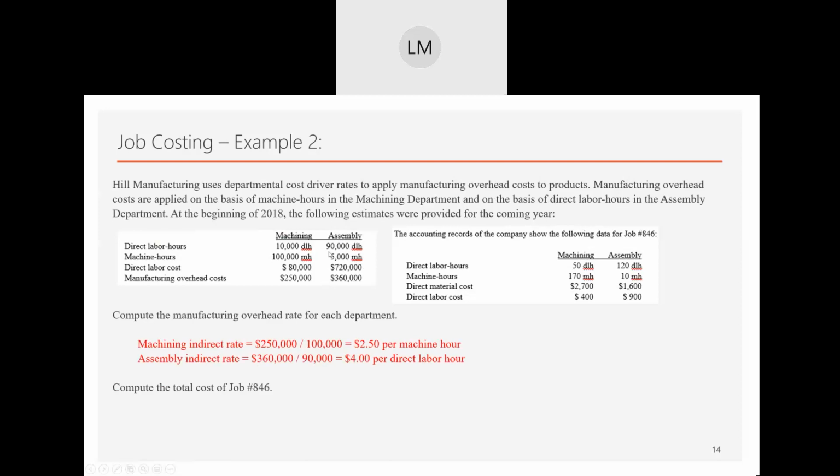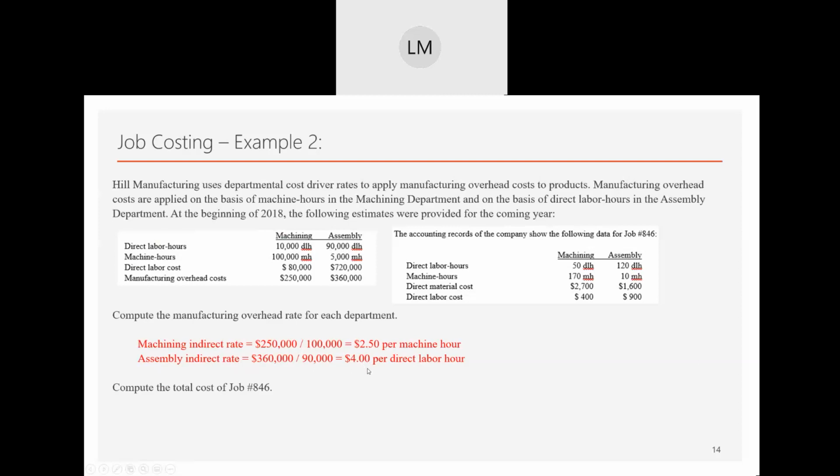And next year I expect to incur 90,000 up here. So if I take that $360,000 of overhead costs for the assembly department and spread that out over 90,000 direct labor hours, then the overhead assigned to the product from the assembly department is going to be $4 per direct labor hour.